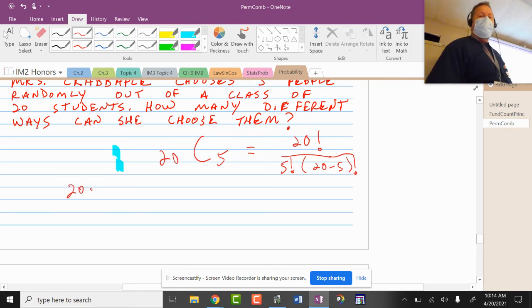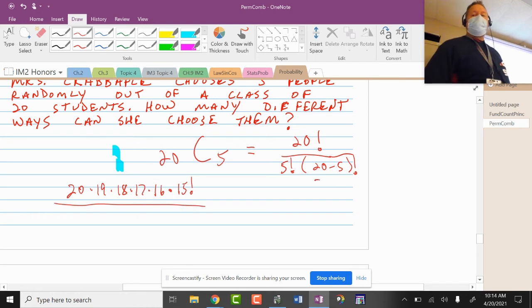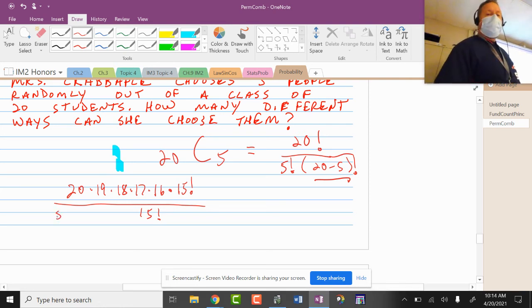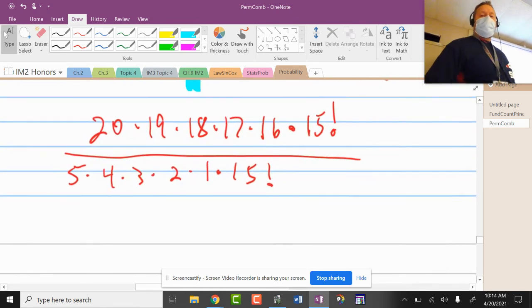That's why I'm going to write the numerator as 20 times 19 times 18 times 17 times 16 and then times 15 factorial. Because 20 minus 5 is 15 factorial. What's going to happen with the 15 factorials? Now I'm going to take 5 factorial, and I'm going to actually write that one out. 5 times 4 times 3 times 2 times 1. And now I'm going to zoom in on this.